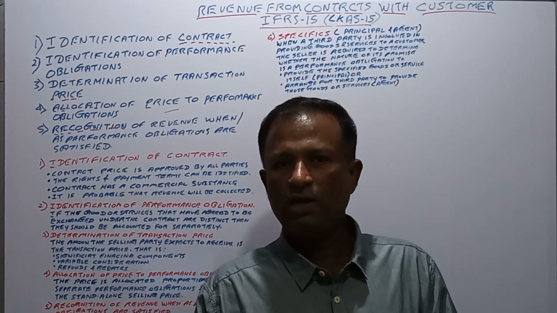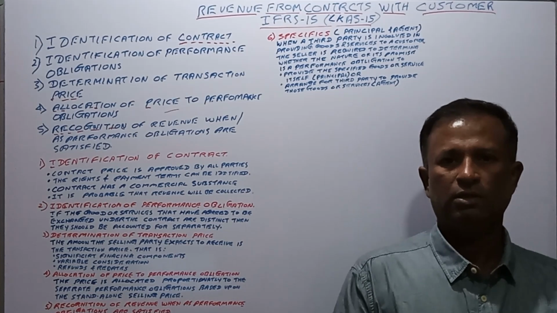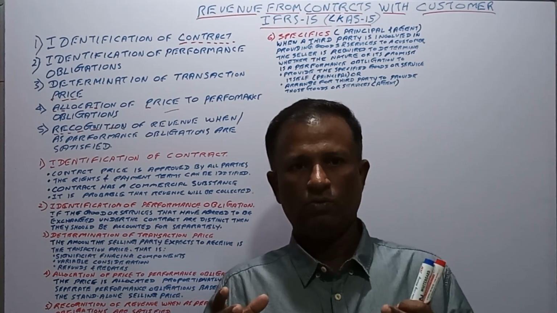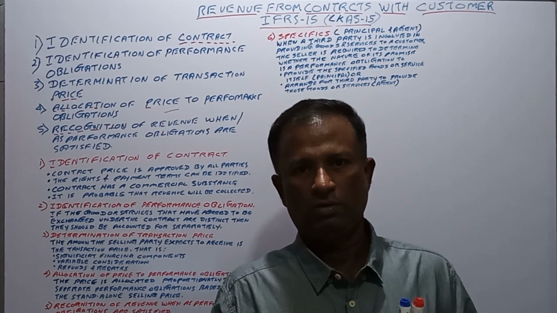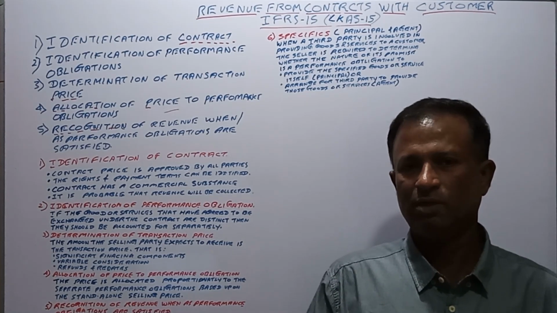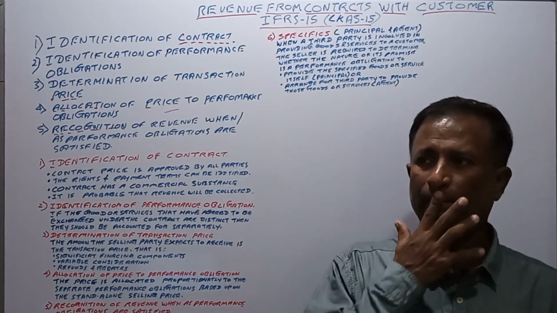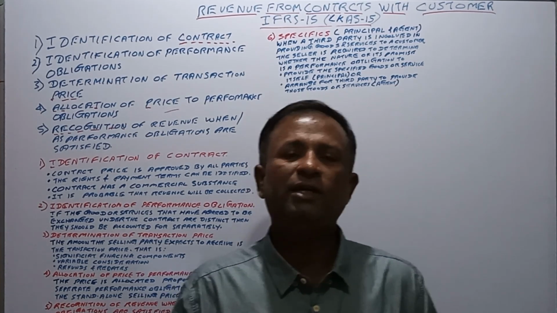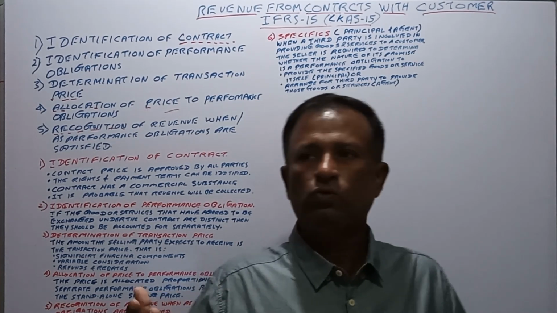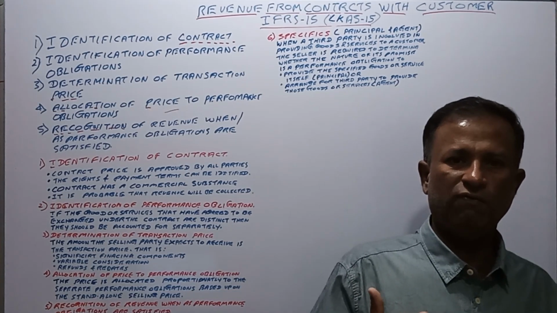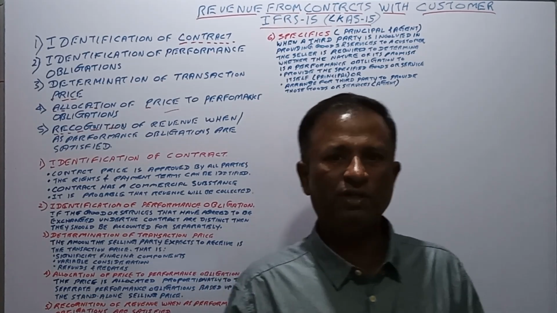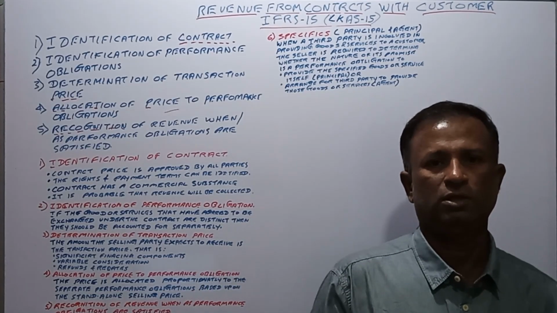If you are selling a phone to the customer, or a computer to the customer with technical support or warranty, within 2 years warranty you are offering with the mobile phone or the computer. You say I will give all the free services for the next 2 years if you purchase this.